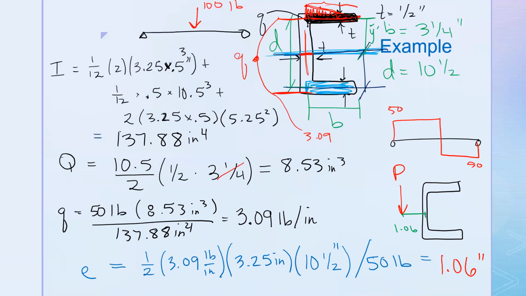Instead of calculating Q at a particular location, we could make this x, where x starts at 0 on the extremity and then moves inward, right? And at any point, you would have Q, because y bar stays the same, and the 1/2 is the thickness, that's always the same. The only thing changing is how far in you're coming. So this then becomes a function of x.